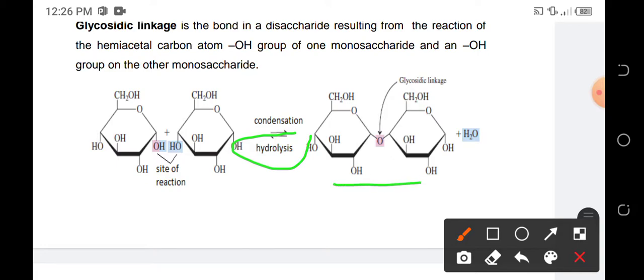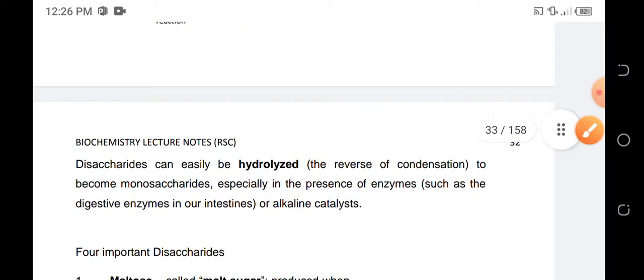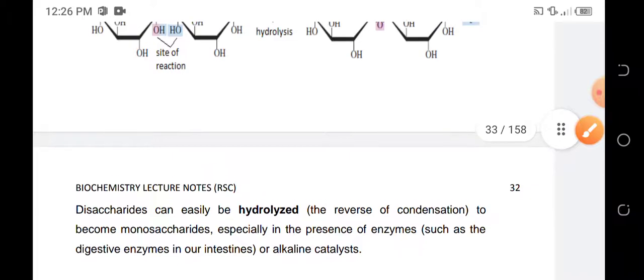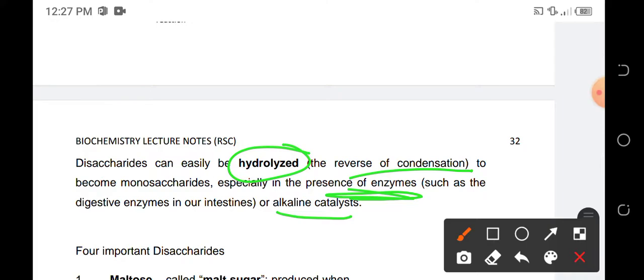We start with the disaccharide, lagyan ng water molecule, it's known as hydrolysis. At ang mafo-form naman ay, so pabalik, are two monosaccharide units. Okay? So, disaccharides can be easily hydrolyzed, so yun yung hydrolysis kanina, which is the reverse of the condensation reaction. But of course, this requires enzymes or alkaline catalysts.